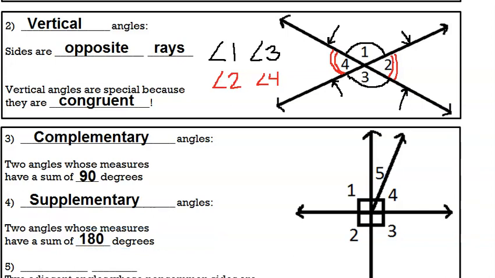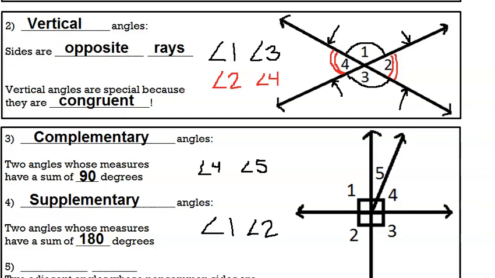That would mean in this case, the complementary angles in the picture on the right, I would say angle 4 and angle 5 would be complementary because they add up to 90. Whereas if you looked at maybe angles 1 and 2, those would be examples of angles that add up to 180 because you have 90 degrees and you have 90 degrees again. So you have two right angles.